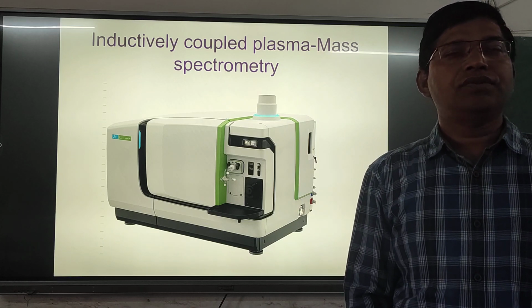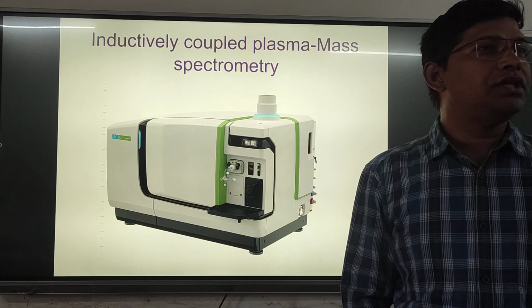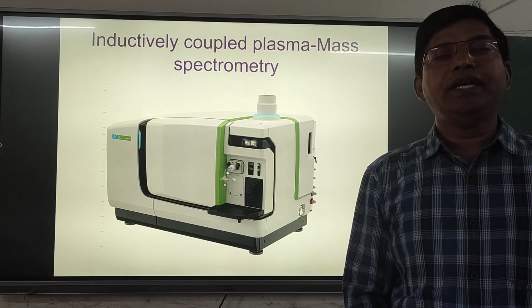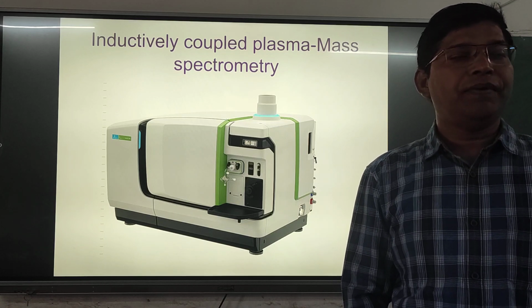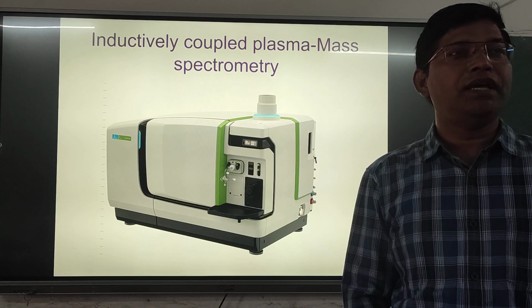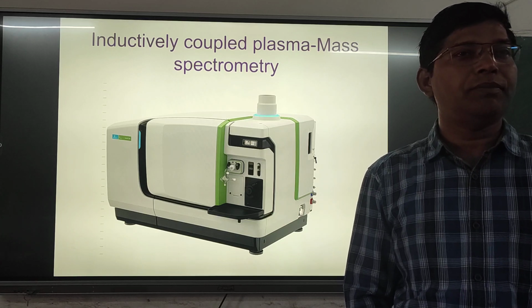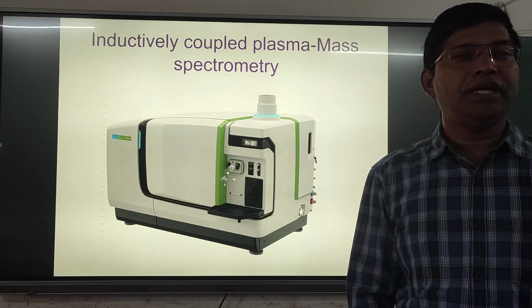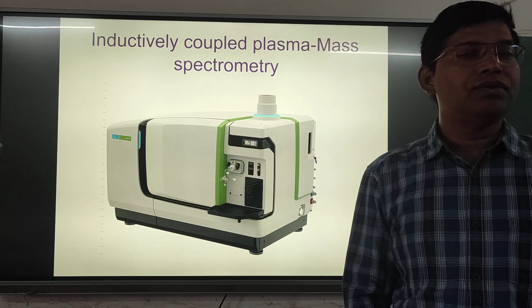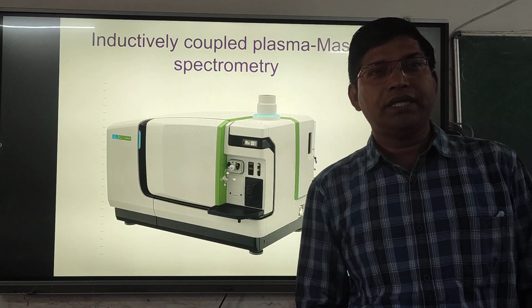So finally we will also see the different applications: where we will use flame photometry, where we have to use atomic absorption spectroscopy, and where we will have to use the ICP-AES technique.